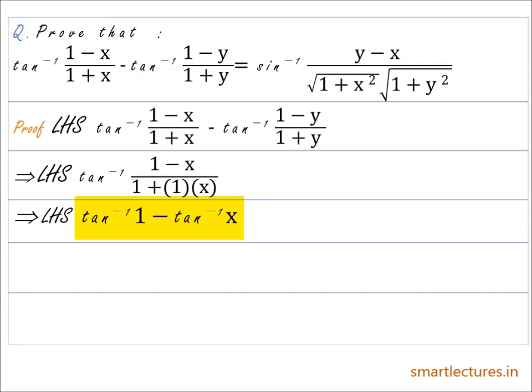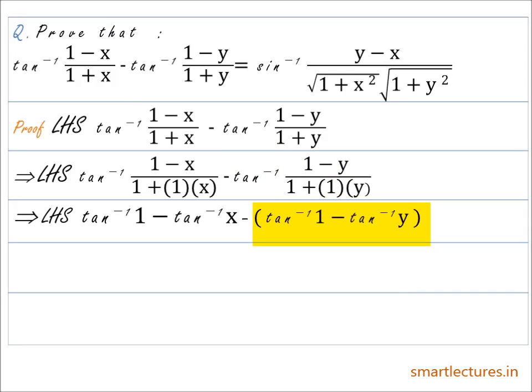And in the same manner, tan inverse 1 minus y upon 1 plus y can be also written as tan inverse 1 minus y divided by 1 plus 1 into y, and which is equal to tan inverse 1 minus tan inverse y.